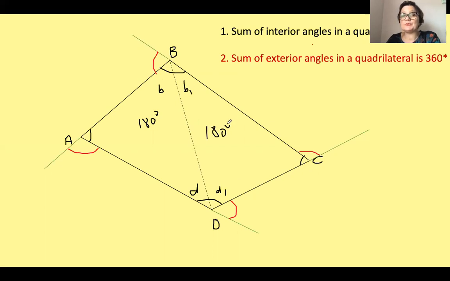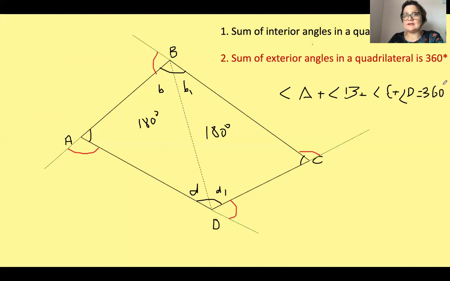Both of them will make the sum of all interior angles: ABC plus BCD plus CDA plus DAB. Or if we label them with capital letters, angle A plus angle B plus angle C plus angle D equals 360 degrees.